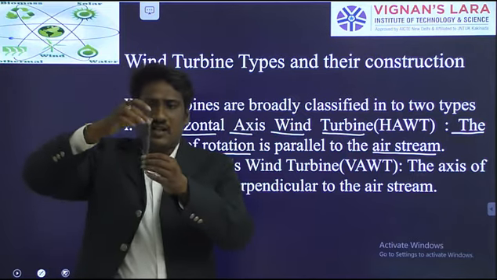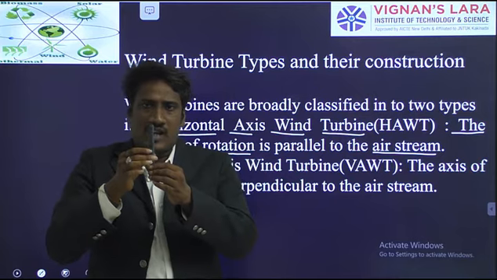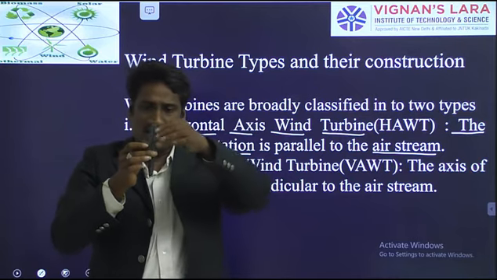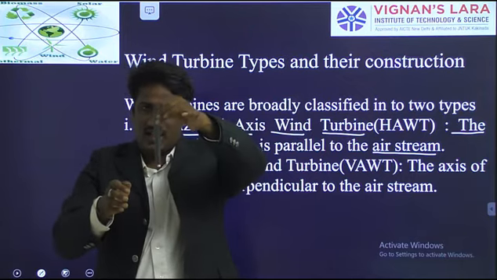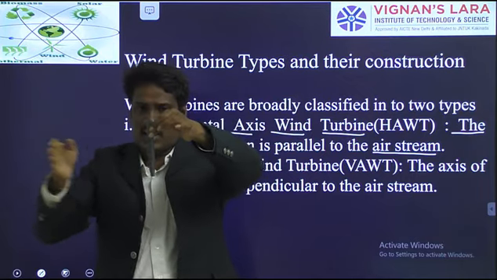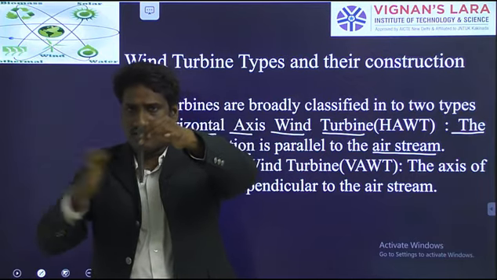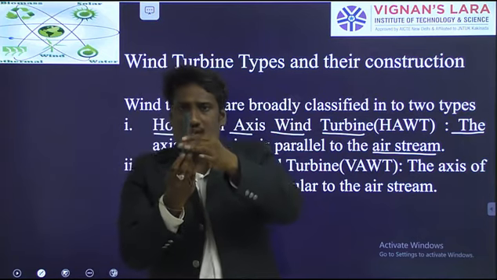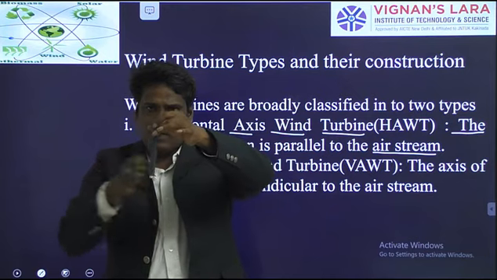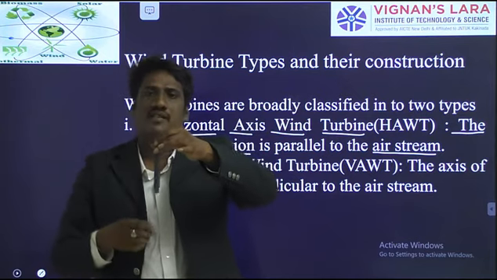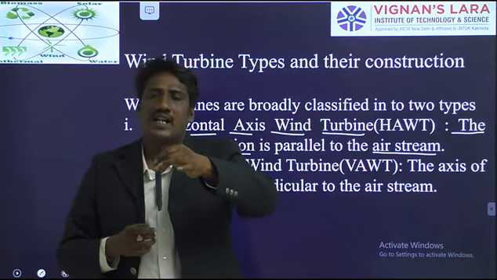If the rotor axis is such that the wind will blow like this or like this, this is exactly vertical to the wind blow or wind stream. If the axis of rotation is vertical to the wind blow, straight away you can say vertical axis wind turbine.